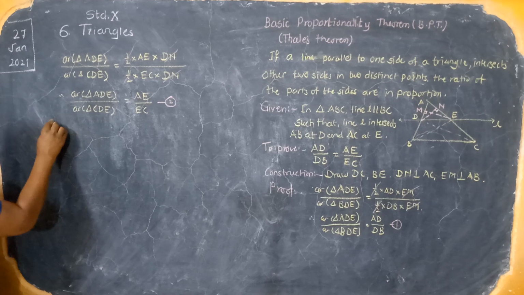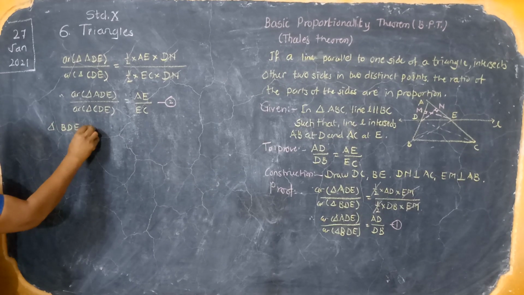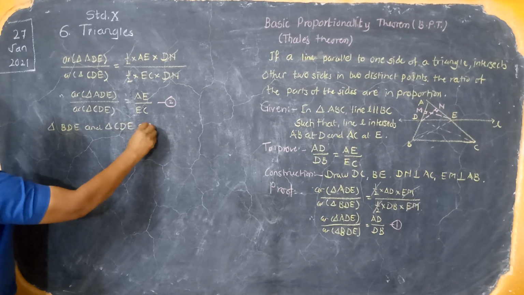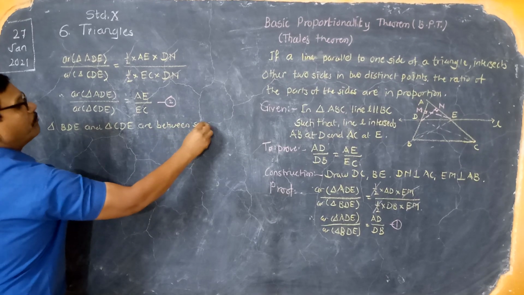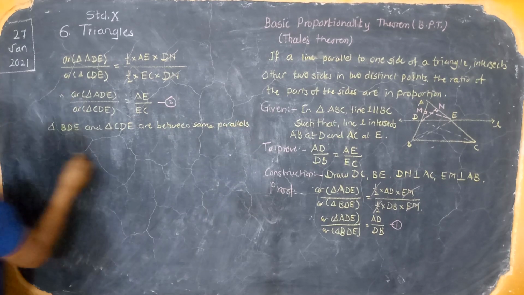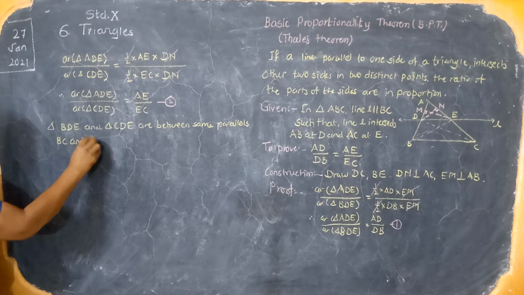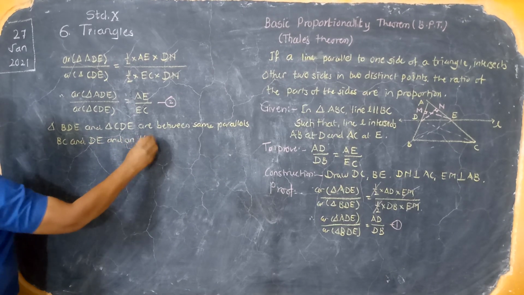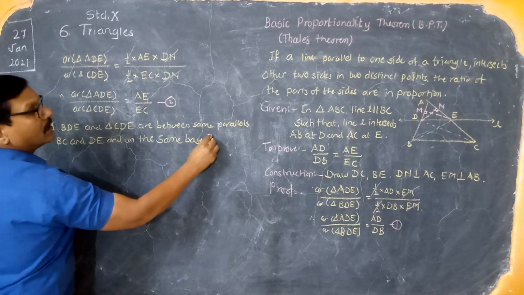Now triangle BDE and triangle CDE are between same parallels BC and DE and on the same base DE.